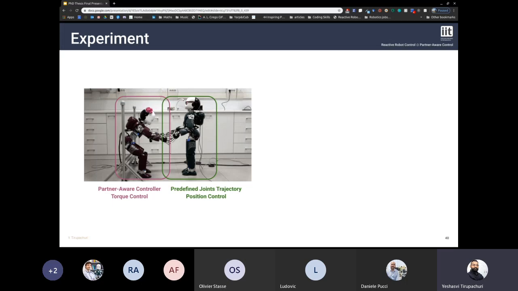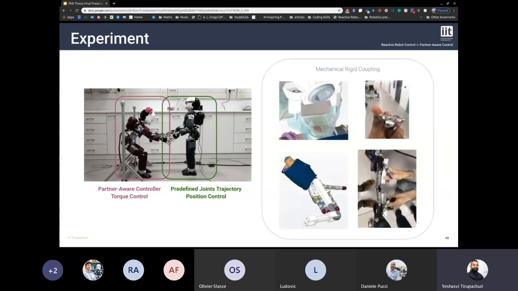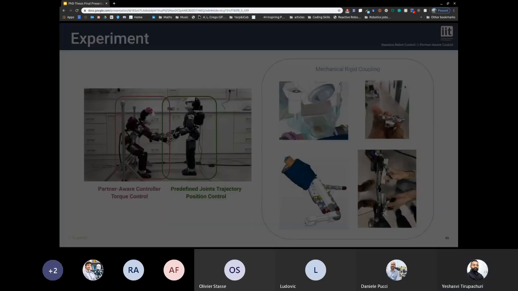Ideally, this experiment was not easy to realize because the hands of the iCub robot are very fragile to have any sustained power grasps for long duration experiments. But thanks to our iCub tech team, we designed new mechanical rigid couplings and attached them at the wrist of the hands, to which we link other mechanical linkages, and then connect the two hands of the robots together to get a rigid coupling.